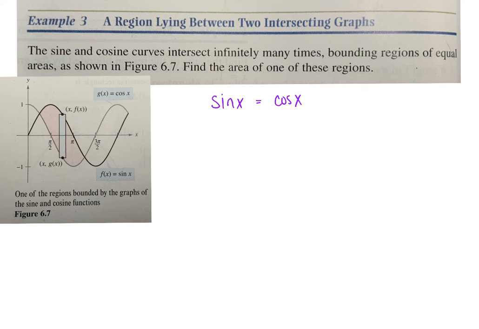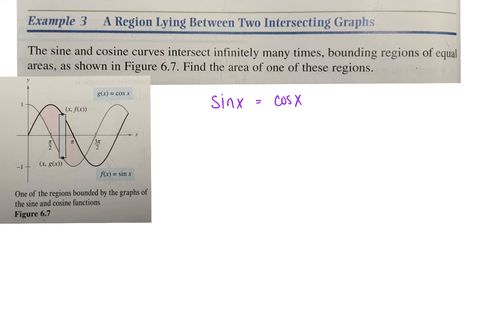So we can just go from 0 to 2 pi, or probably we'll do it just from 0 to pi because they only want one. So where do sine and cosine equal each other? That's an interesting question. There are 2 places on the unit circle where they equal each other.